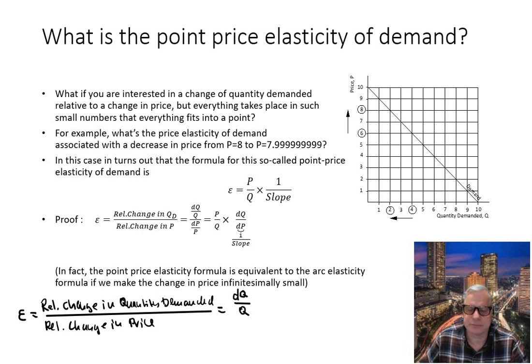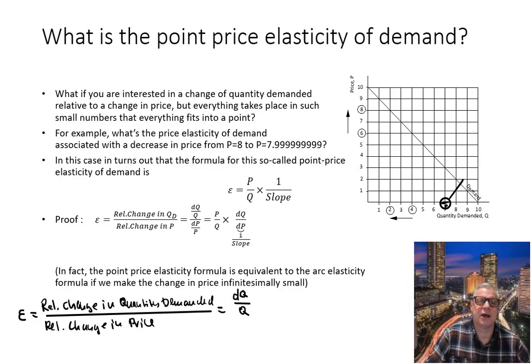So that's the idea. Let's say I have a change in price here, and I zoom into this point. Assume this is a magnifier glass, then the change is so small it fits over the point.